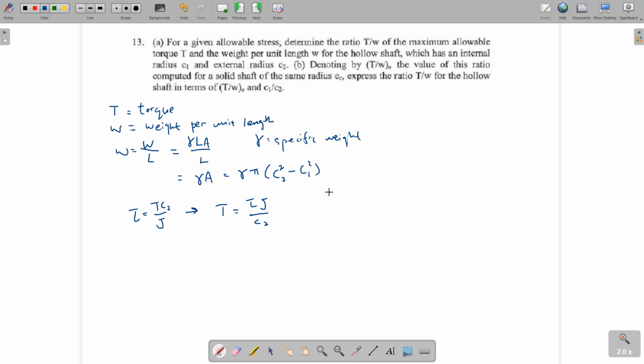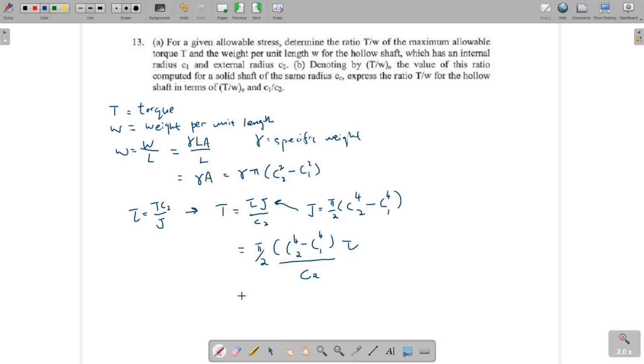And let's substitute the equation for polar second moment of area for hollow shaft into the equations. So the torque is equal to pi over 2 times C sub 2 power 4 minus C sub 1 power 4, and everything divided by C sub 2 times tau.